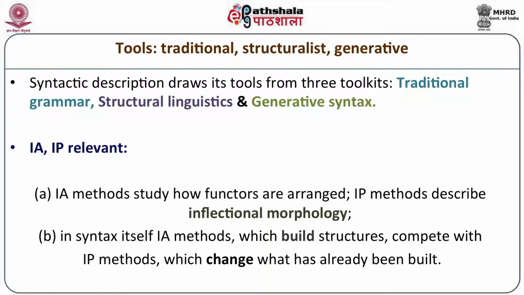You will find that in syntax, the task of IA methods is to build syntactic structures, and the task of IP methods is to modify what has been built, to change what has been built. There is a kind of conversation between these two ways of doing grammar. The conversation runs through all syntactic work.